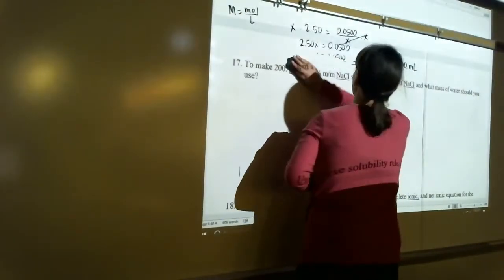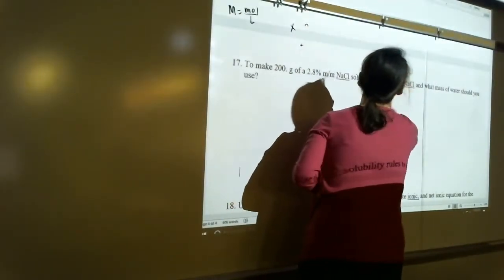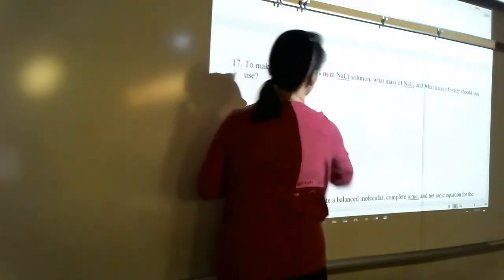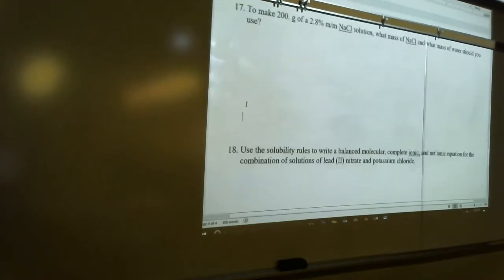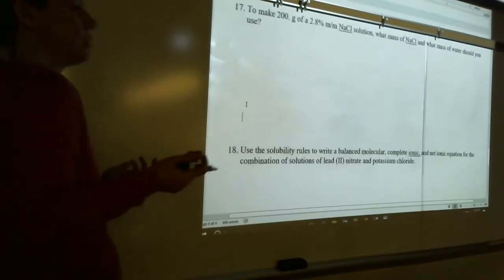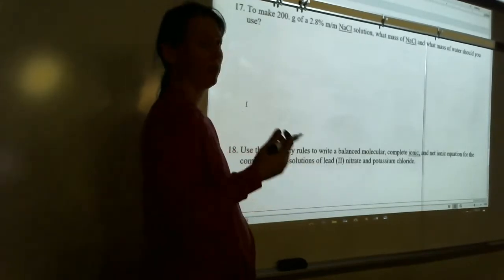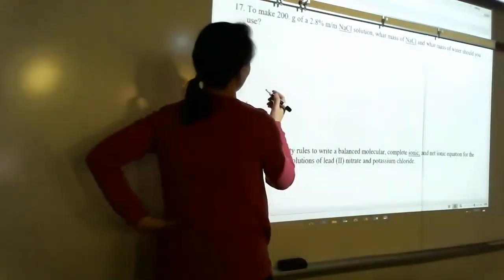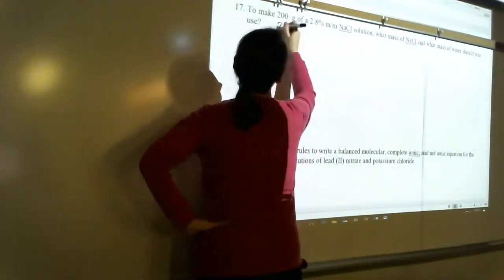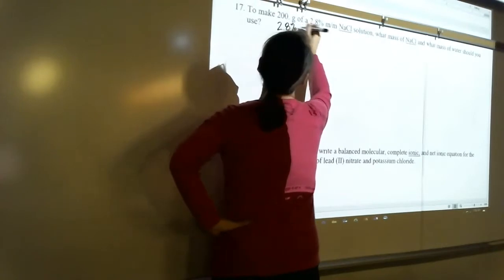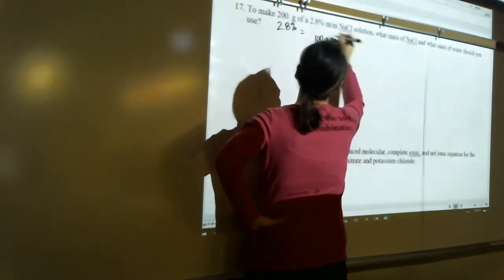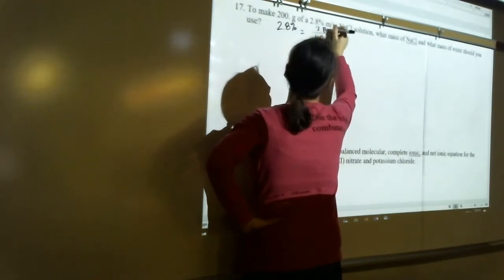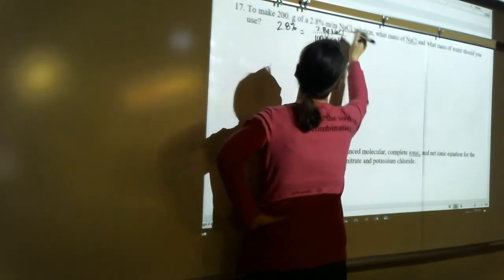To make 200 grams of a 2.8% solution, what mass of salt and what mass of water should I use? This is another problem like the H2O2 one we did a second ago. We're using the percentage as a conversion factor. If it's 2.8%, that means for every 100 grams of solution, we have 2.8 grams of NaCl.